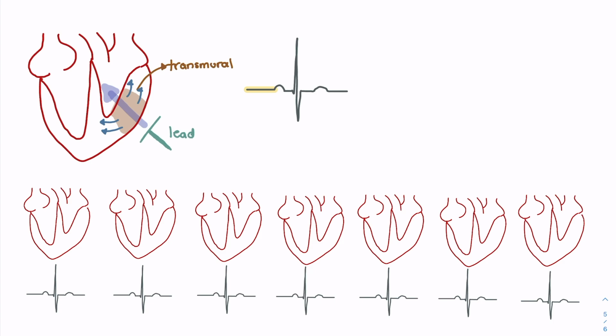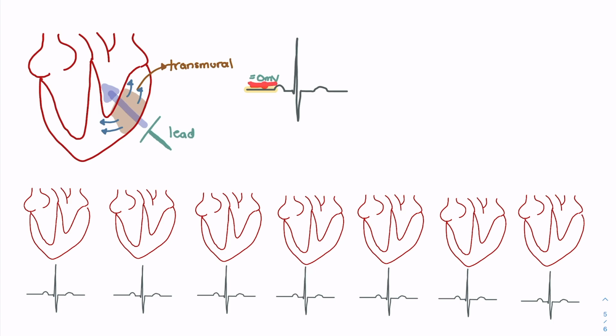Remember, we talked about that isoelectric line typically having a net charge of 0 millivolts. Well, if this transmural infarct has an injury potential that's always releasing ions and causing the flow of electricity, and the vector of that electricity is away from the lead, then we will always have a net negative flow of electricity away from the lead that's looking at that part of the heart.